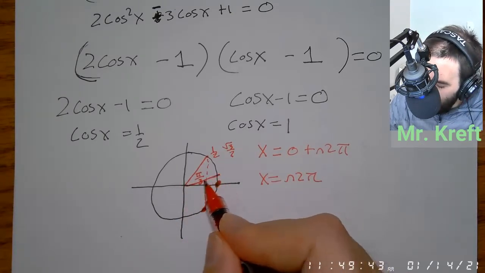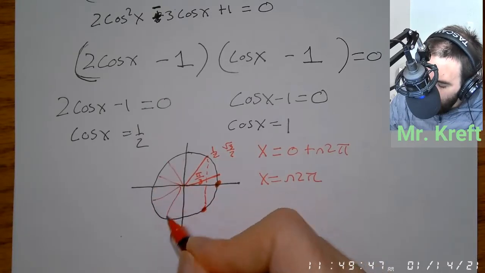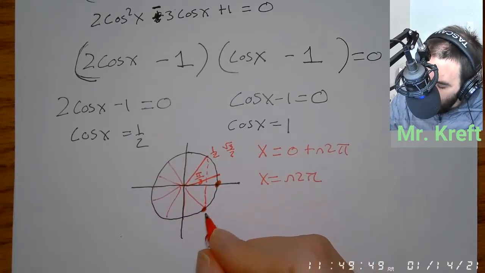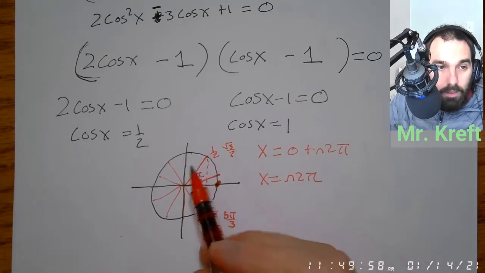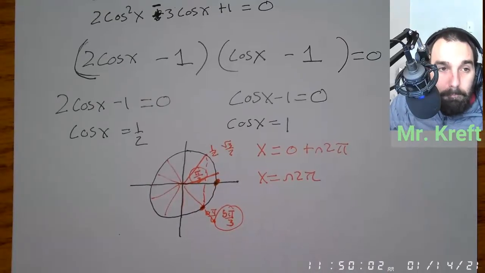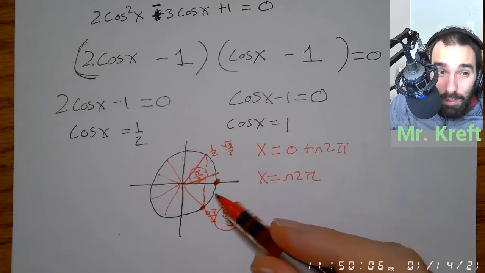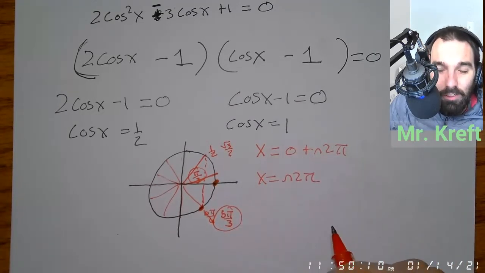This is pi over 6: 1, 2, 3, 4, 5, 6, 7, 8, 9, 10. So this would be 10 pi over 6, which is 5 pi over 3. So I'd have two answers, pi over 3 and 5 pi over 3. Technically we could say negative pi over 3 too, but we don't usually like negative answers.